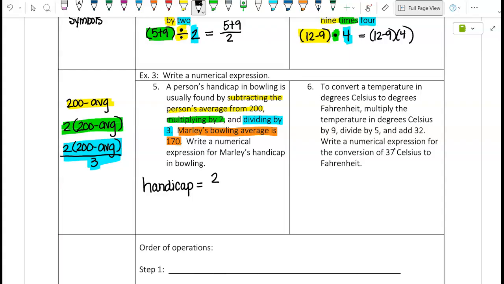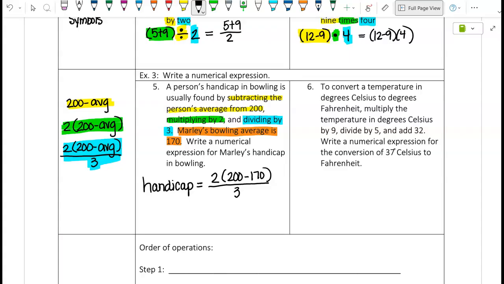So I'm going to have 2 parentheses 200 minus 170 parentheses, and that's all going to be divided by 3. Now, they didn't ask me to simplify that and find out what her handicap actually is. That is simply the expression that would be used to calculate it. There are some problems coming up where they are going to ask us to actually calculate, but just for the expression, that's all we need.